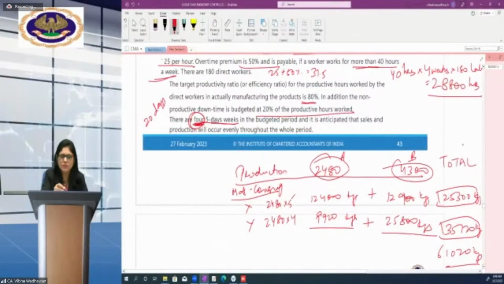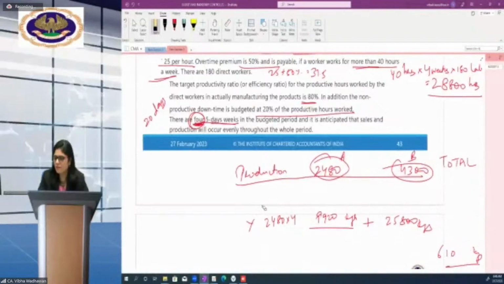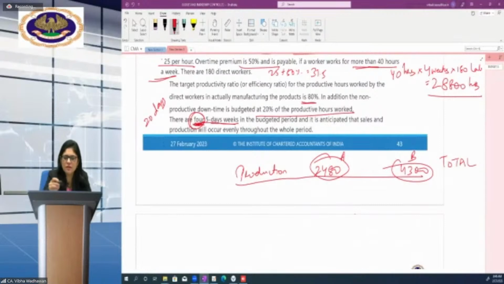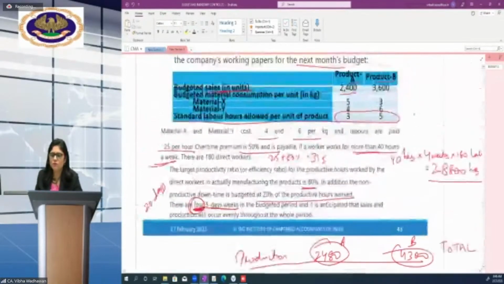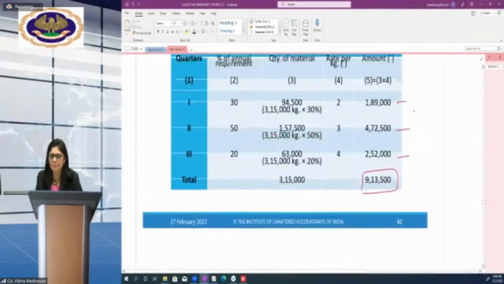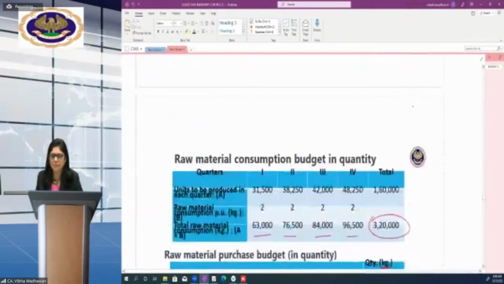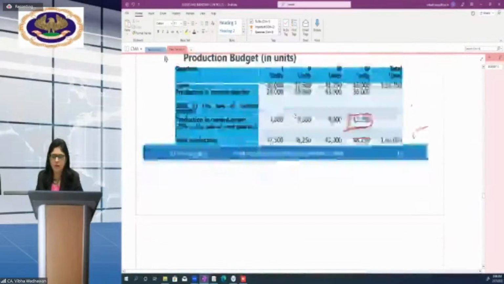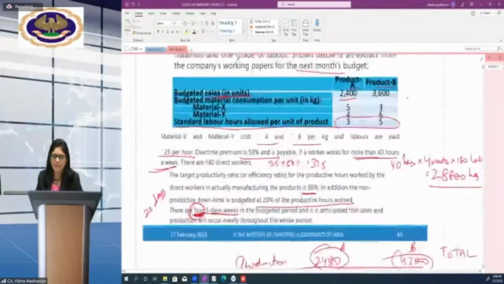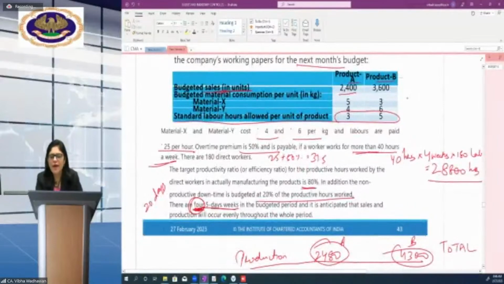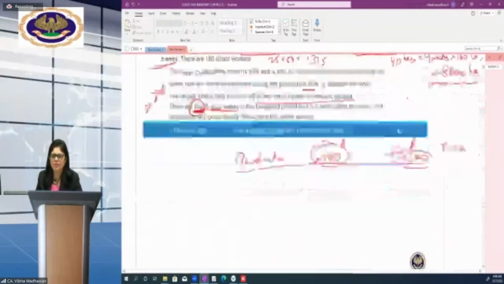So I can do it here only. I'm just erasing the material now. We have done with the material. So we have the production units, and if we go to the information, yes, the labor hours required per unit of product A and B are 3 and 5.